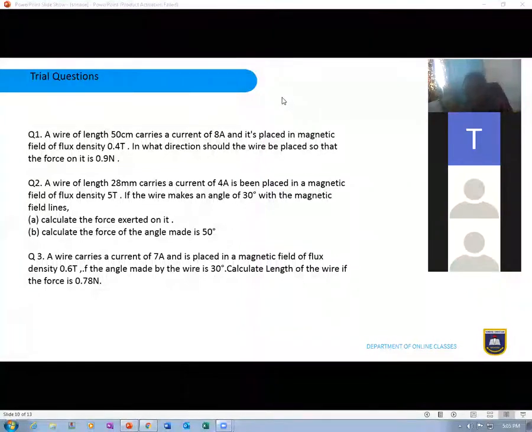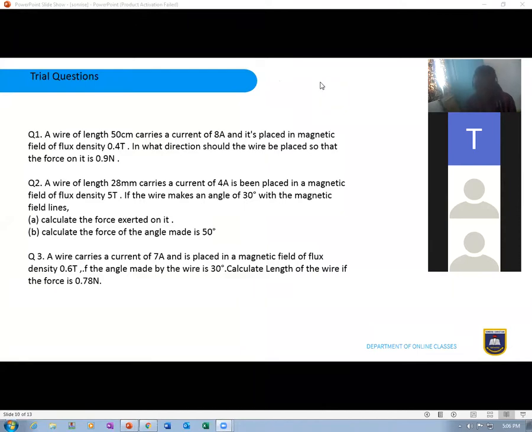So if you have to calculate the magnetomotive force, the magnetizing force, and the force on a conductor carrying current in a magnetic field, you know what to do now. Do you know how to do it? Yes, sir.